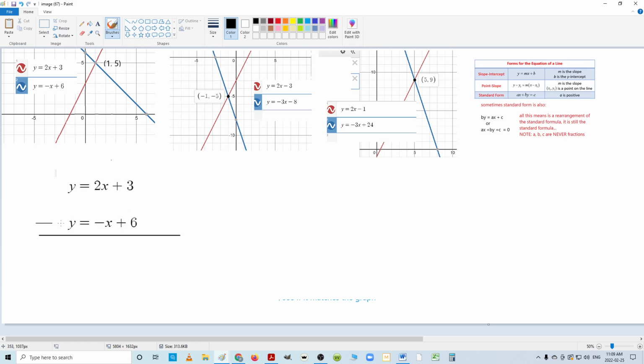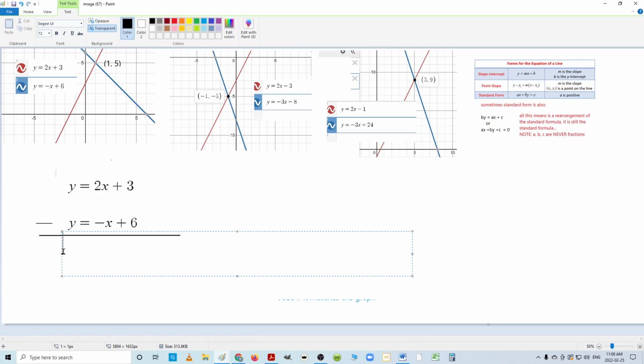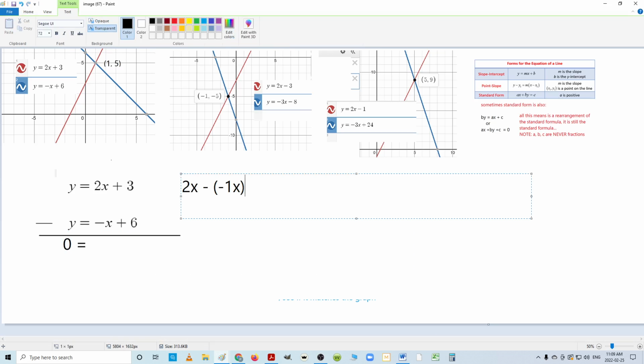They're both positive, so I'm going to do that. What's positive y minus y? It's 0. And here's the tricky one next. What's 2x minus negative 1x? Well, 2x minus negative 1x is 2x plus 1x, and it's 3x. So be careful about minus situations.